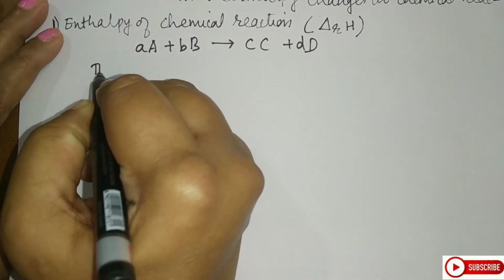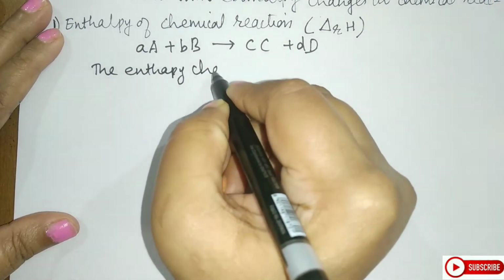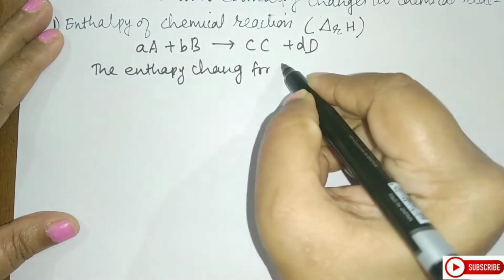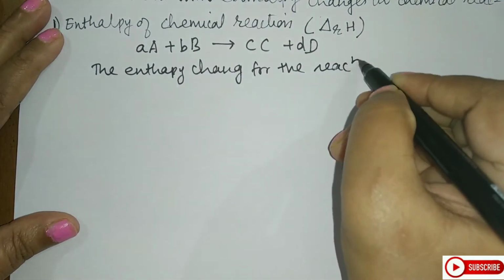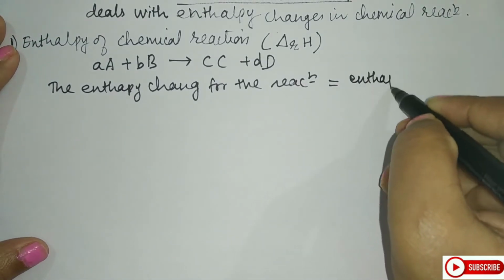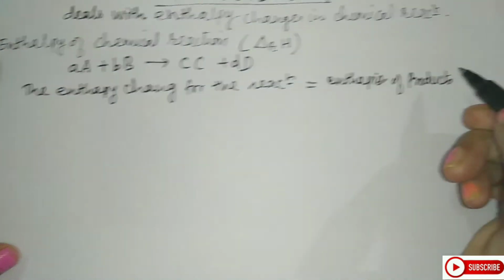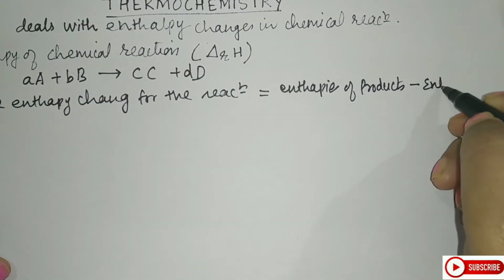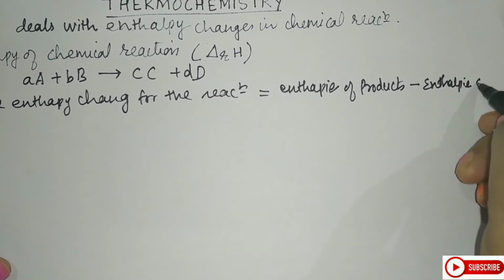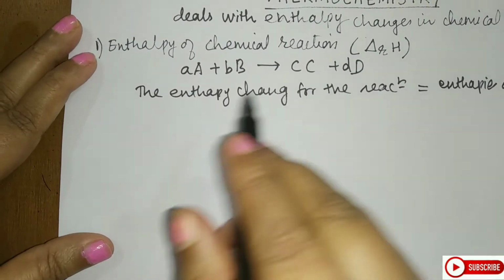So the enthalpy change for the reaction will be equal to the enthalpy of products minus enthalpies of reactants. Now if you see the reaction, there are two products and two reactants.